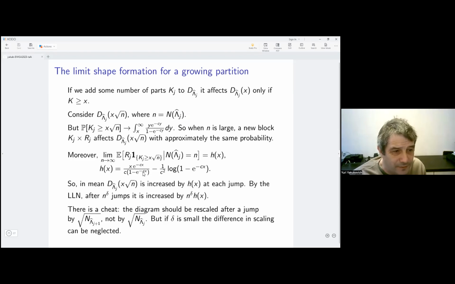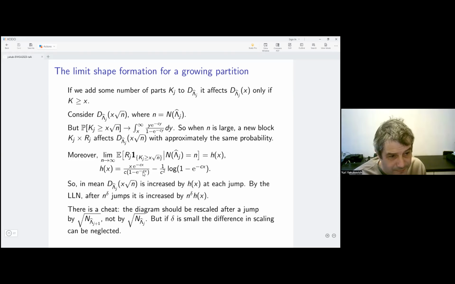I just want to explain why the limit shape should be formed, and why it should be the same Vershik's curve, using our growing partition construction.